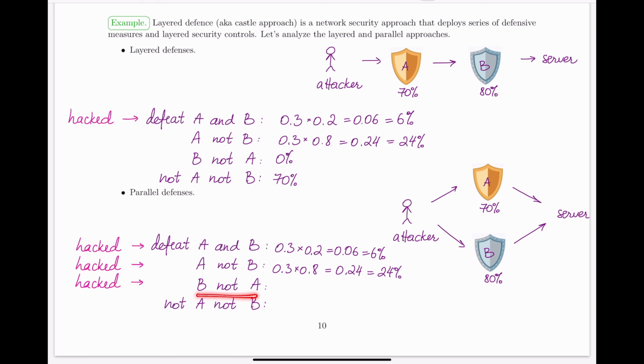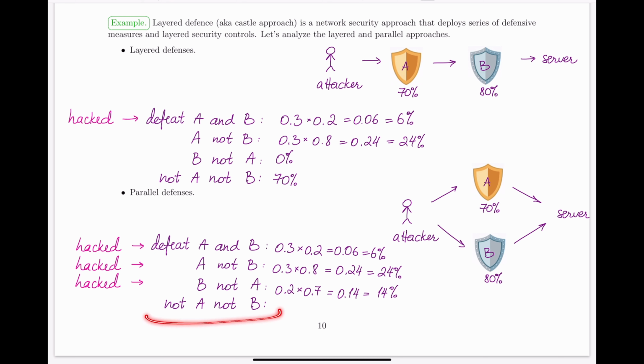They're able to defeat B but not A. So they were able to get through B, but they were stopped by A. The probability of defeating B is 20%, so that's what I have here, but probability of not being able to get through A, that A stands strong, is 0.7, which overall results in 14% chance of getting through this way.